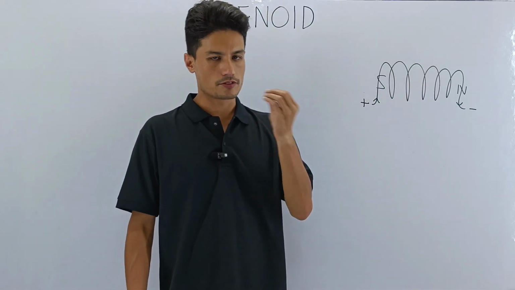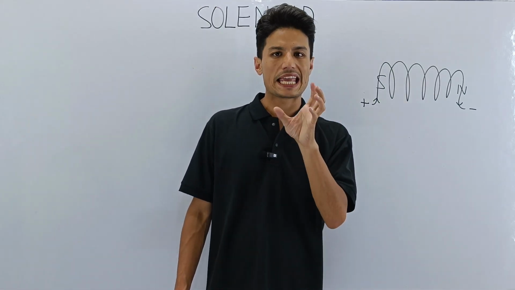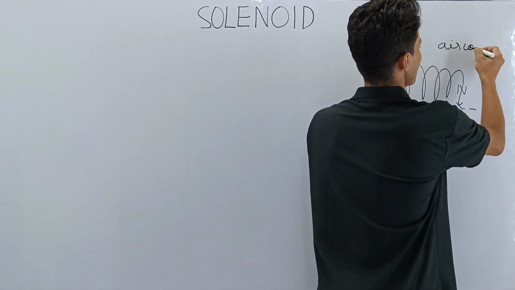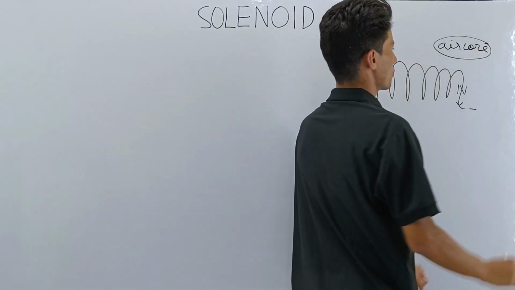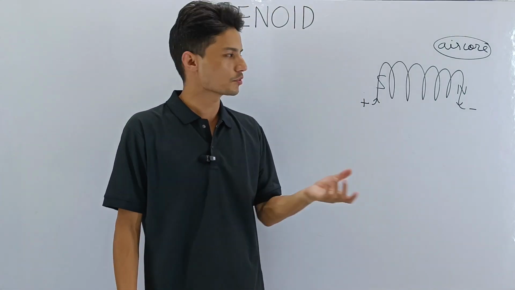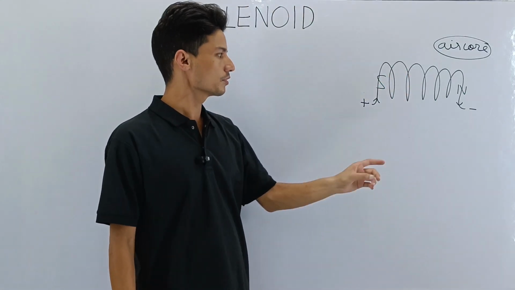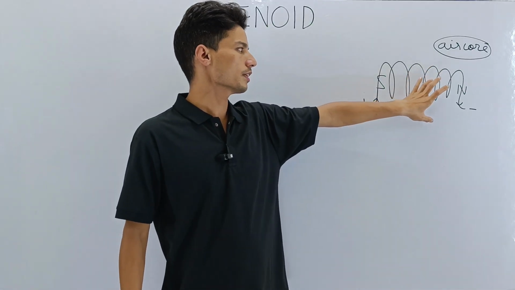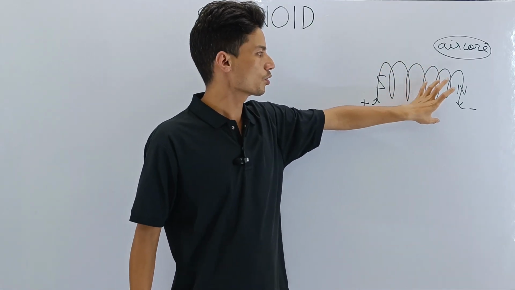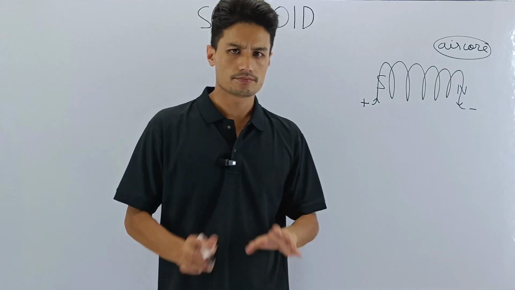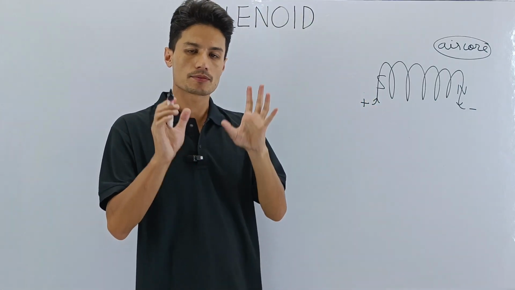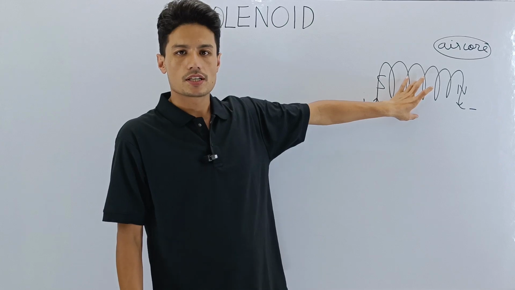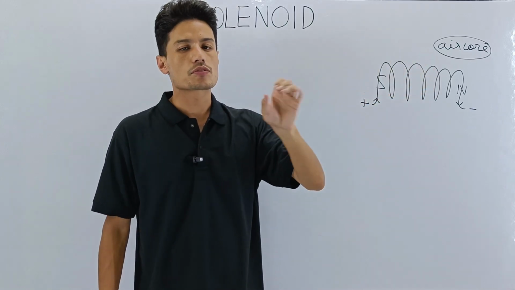Remember, class, by default, a solenoid has got an air core. How does it get an air core? Because it's empty, nothing is there, so you can actually see through. By default, the core of a solenoid is empty, khali hai, andar mein kuch nahi hai.